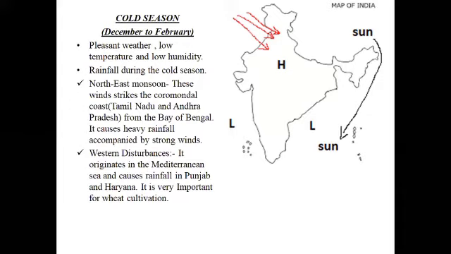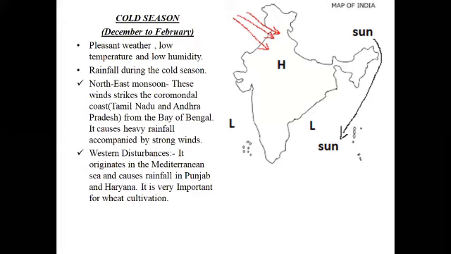Another rainfall that we get during the winter season is the western disturbance, which I have told you about earlier. Western disturbances originate in the Mediterranean Sea, and when they enter India, they cause heavy rainfall in the regions of Punjab and Haryana.